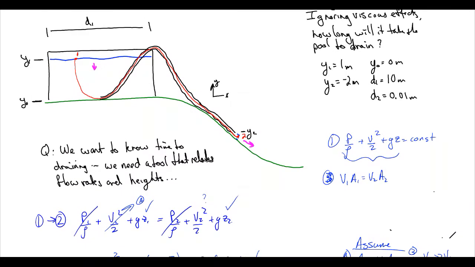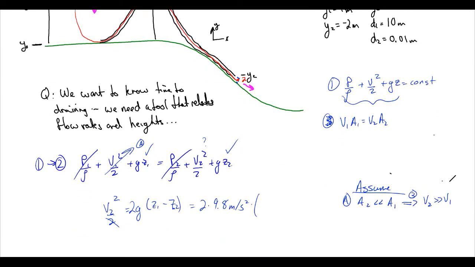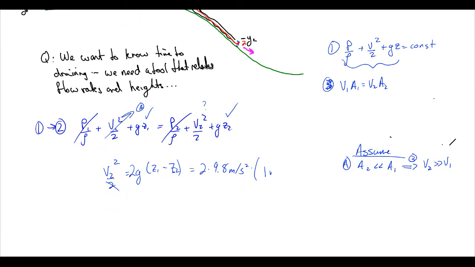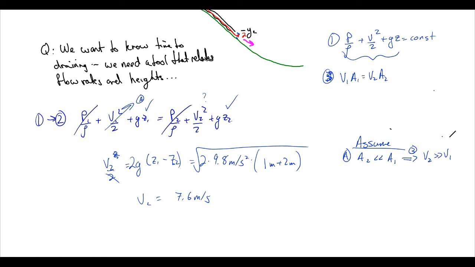Z1 is 1 meter, Z2 is negative 2 meters, so we have 1 meter plus 2 meters, and it ends up being square rooted. So our V2 is equal to 7.6 meters per second.